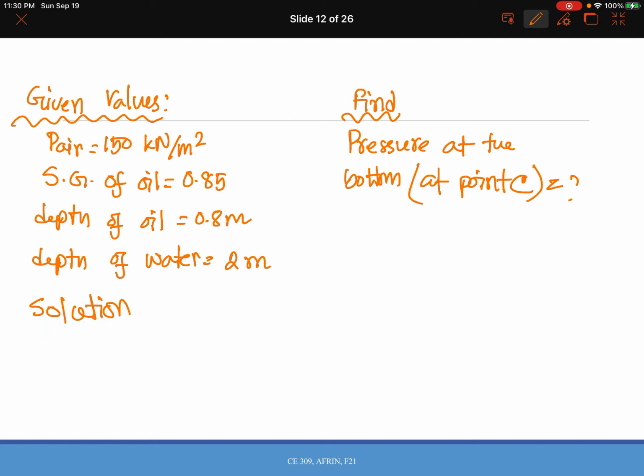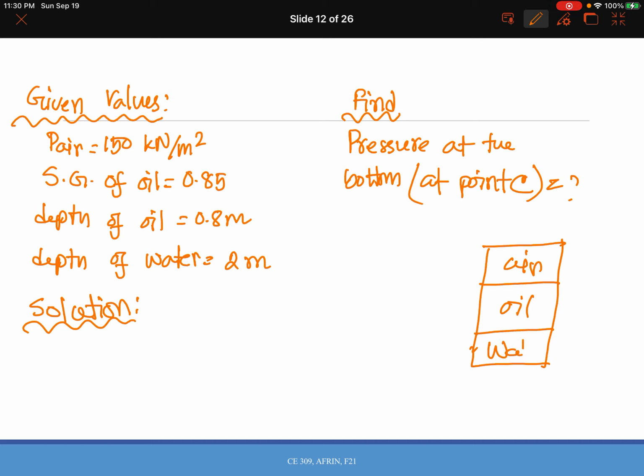Okay, so if I draw the picture here very quickly, air, oil, water, and the distance for each one is 0.8 meter.